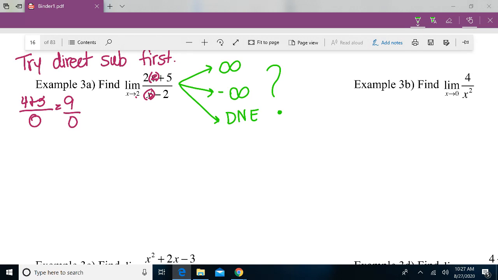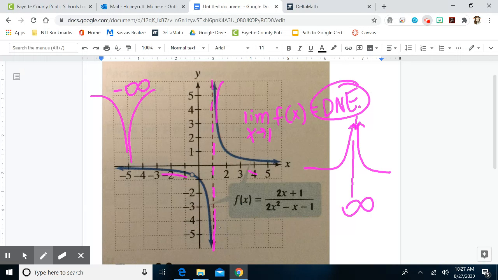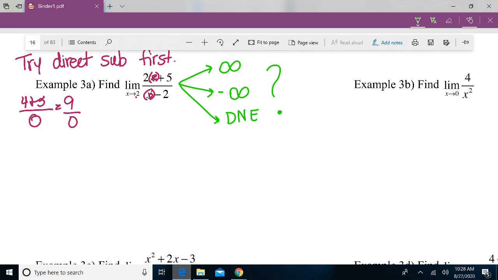And I need to figure out which one it is. So the way that we do that is we need to split this up into two limits. A limit from the left and a limit from the right.